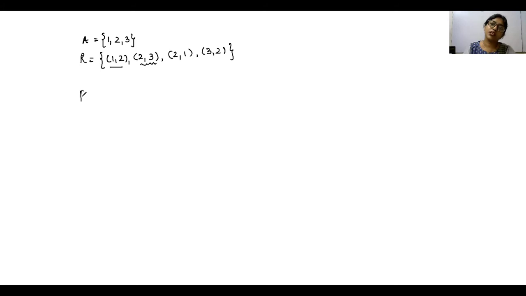But if I have a relation R which has (1, 1), (2, 2), (3, 3), and I have (1, 2) and also (2, 1), this relation is symmetric because the reverse of (1, 1) is (1, 1). Ordered pairs with the same elements will always be symmetric, so we just look for pairs with different numbers, like (1, 2), whose reverse (2, 1) is there.